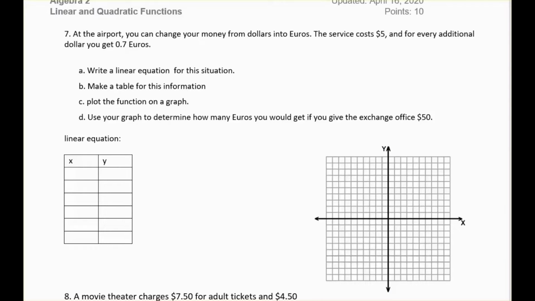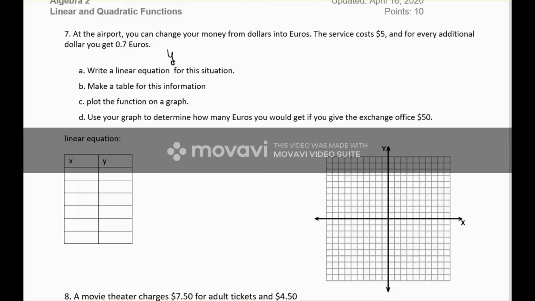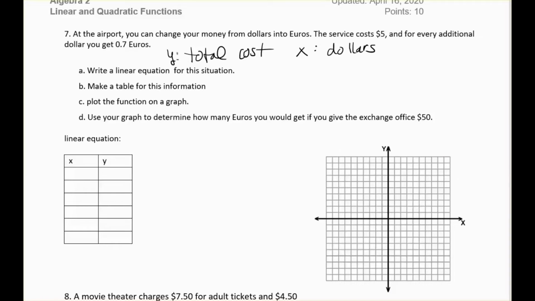So we want to use, let's use y for our total cost, and let's use x for the dollars that you're going to be putting in. Alright, so our total cost is going to equal, it costs $5, so we have to add that to the 0.7 for every dollar.